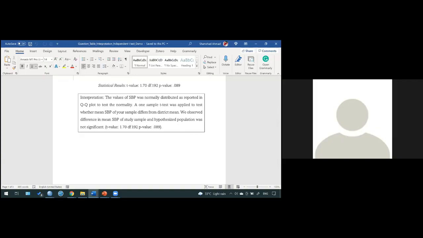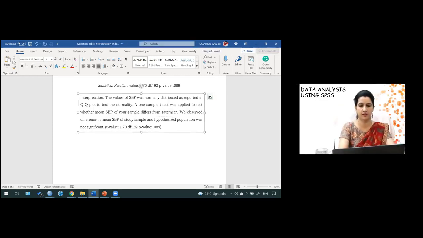A one sample t-test was applied to test whether mean SBP of your sample differs from the district mean. We observed the difference in mean SBP of the study sample and hypothesized population was not significant, with t-value 1.70, degree of freedom 192, and p-value 0.089, which is greater than 0.05. So here by mistake we have written district, which should have been state.